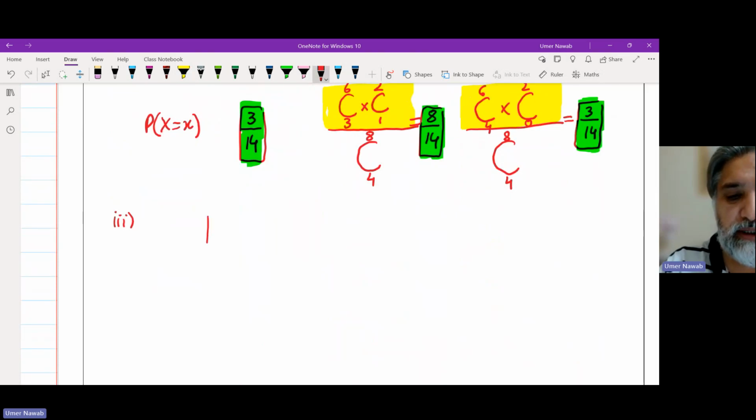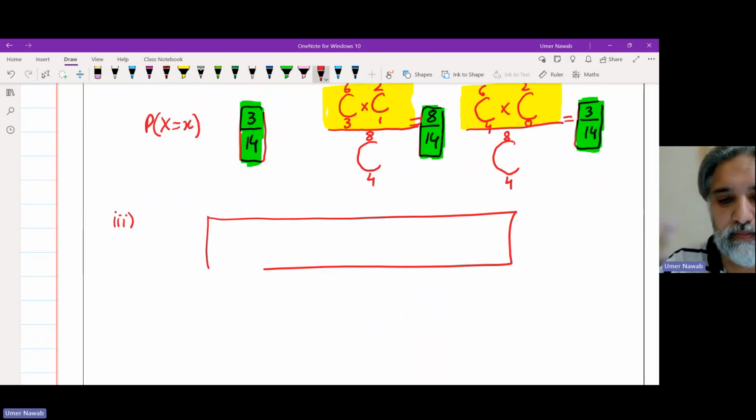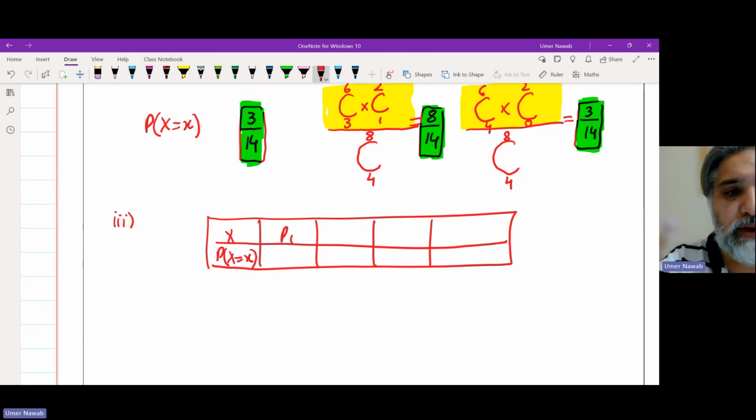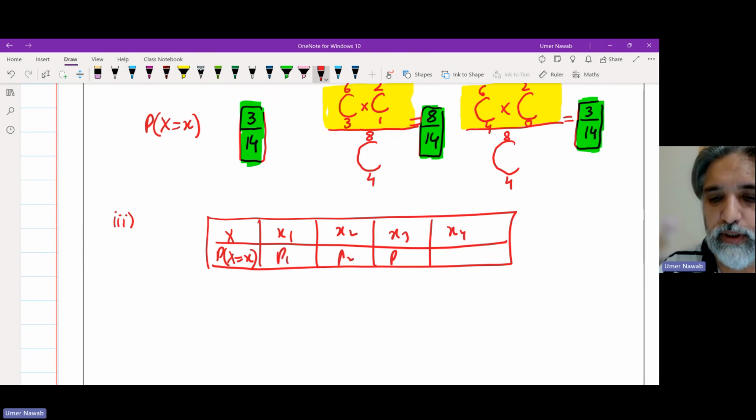If I give you a table, suppose this is X and this is X is equals to X1, X2, X3, and X4, P1, P2, P3, and P4.